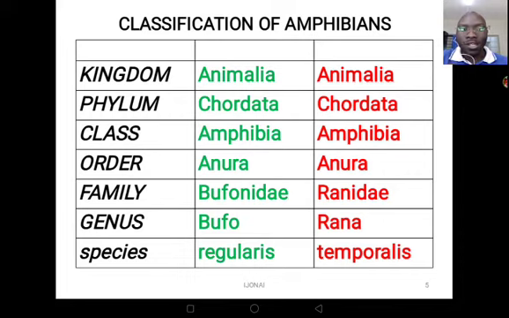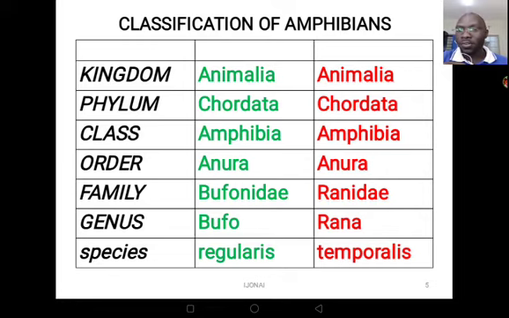Order Anura. And then from family is where we have divergent evolution, and that's where there are differences. So the frog belongs to family Buffonidae, and the toad belongs to family Ranidae. The frog belongs to genus Buffo, and the toad belongs to genus Rana.